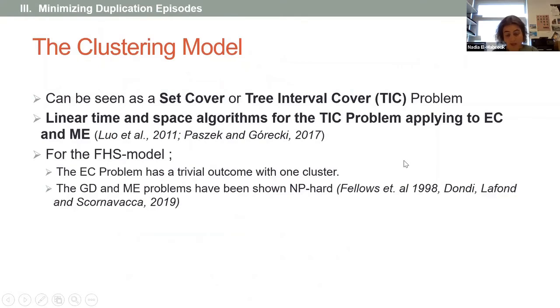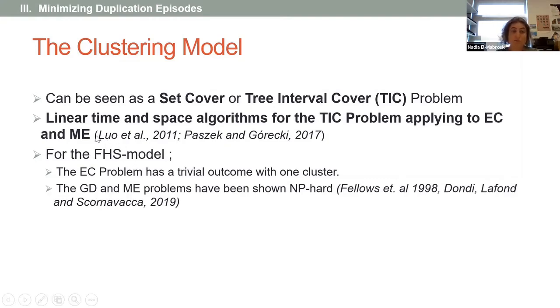Okay, so I have to hurry up, I guess. The clustering problem can be formulated as a set cover problem. Alternatively, it can be formulated as a 3-interval cover problem, leading to polynomial time algorithms for the episode clustering and minimum episode models under every interval model.